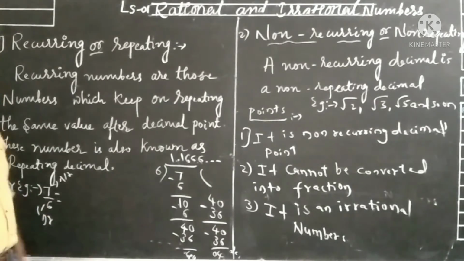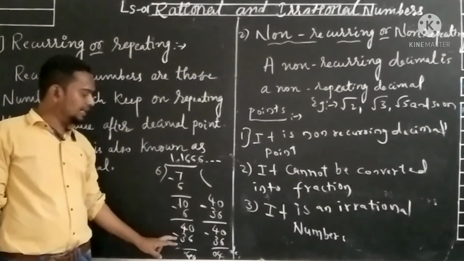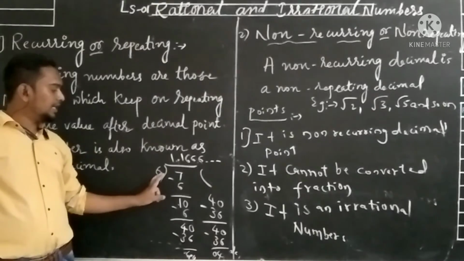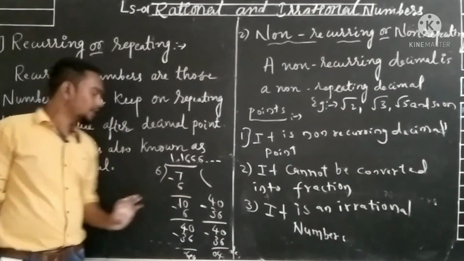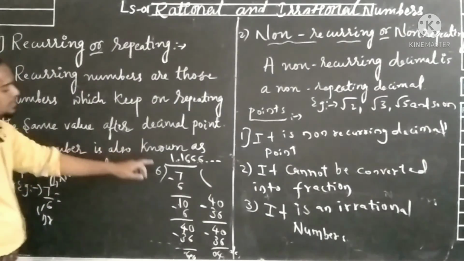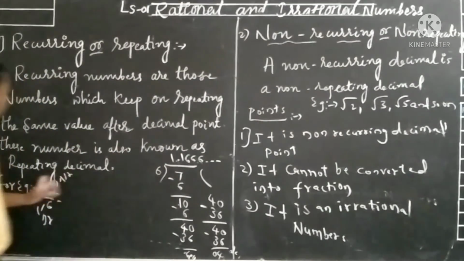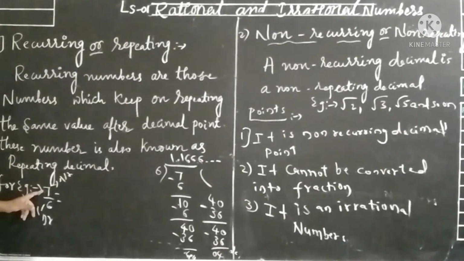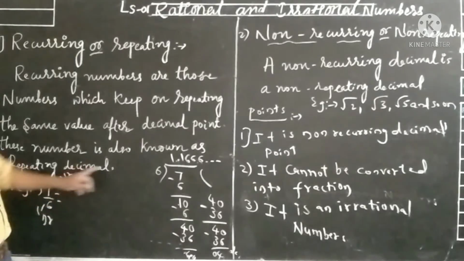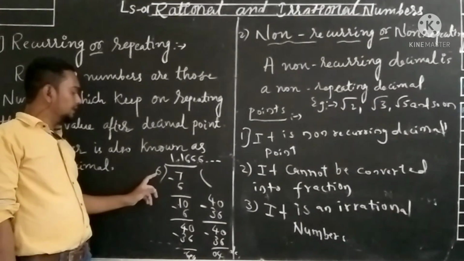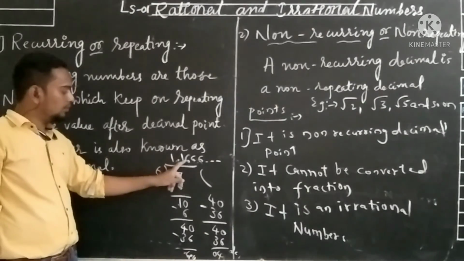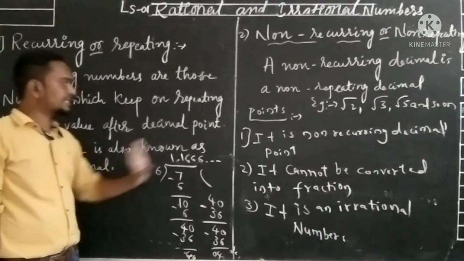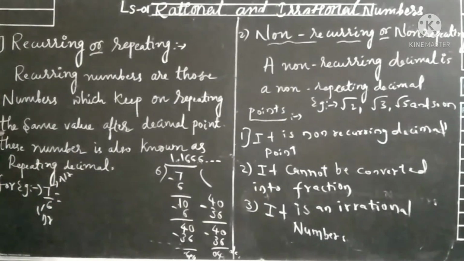When 7 is divided by 6, the quotient is 1.16666 and so on.